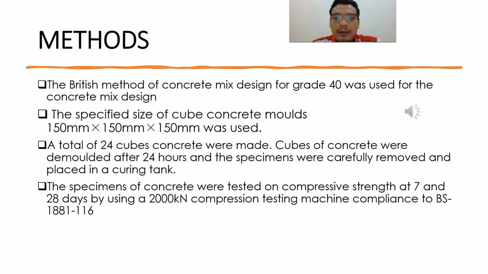The specimens were tested on compressive strength at 7, 14, 28, 56, and 90 days by using a 1500 kN Matest compression testing machine compliant to BS 1881-116. The slump test was implemented to evaluate the workability of the fresh concrete according to BS 1881 Part 2, 1983.